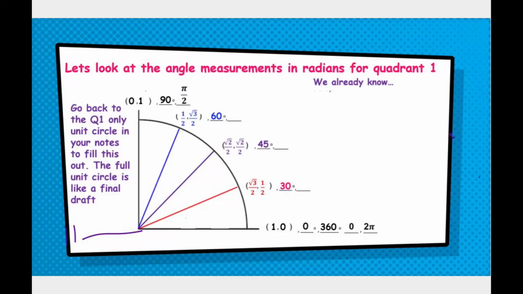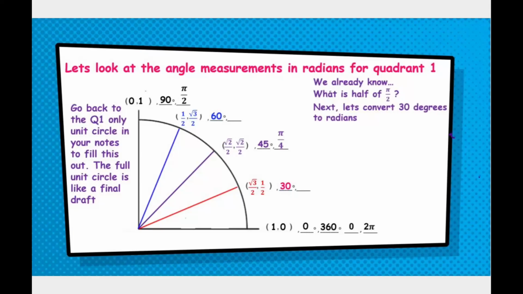This is just telling you where these numbers are coming from. Halfway between 0 and pi over 2 would give us 45 degrees, right? Which is just pi over 4. And now to find the other ones, we're not going to be doing this every time, by the way, converting these. This is just showing where these are coming from.